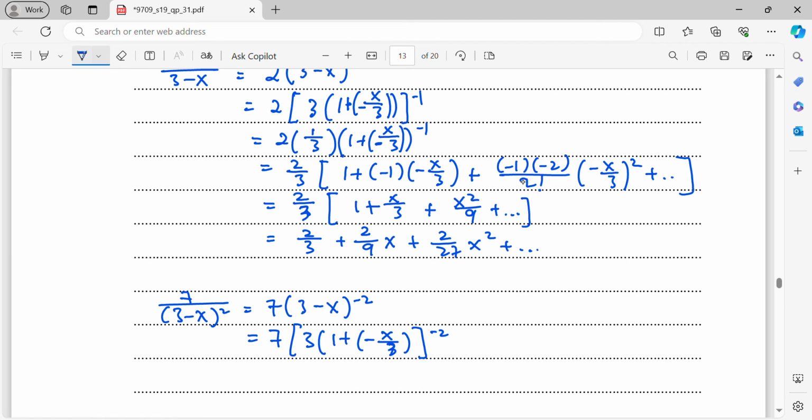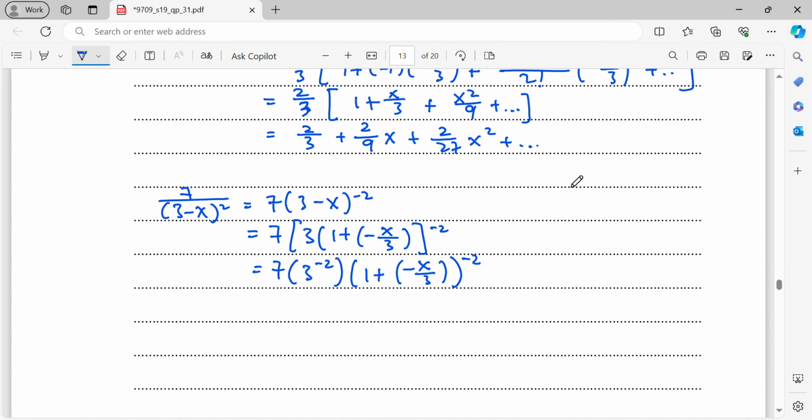And the power negative 2 bring it in. That will be 3 power negative 2. Then 1 plus negative x over 3, power negative 2. So 3 power negative 2 is basically 1 over 9.